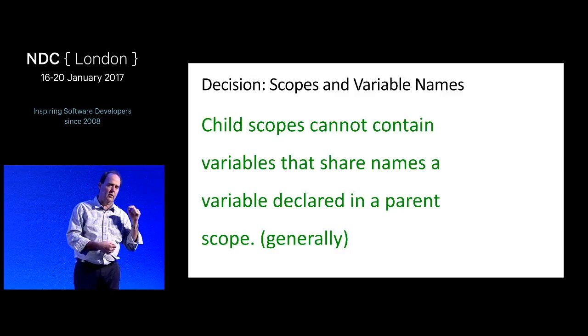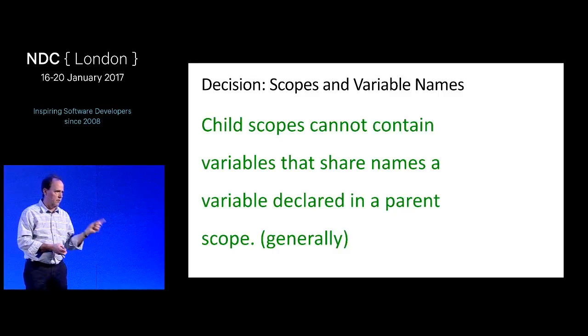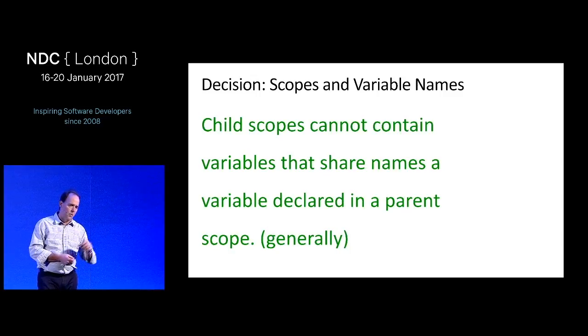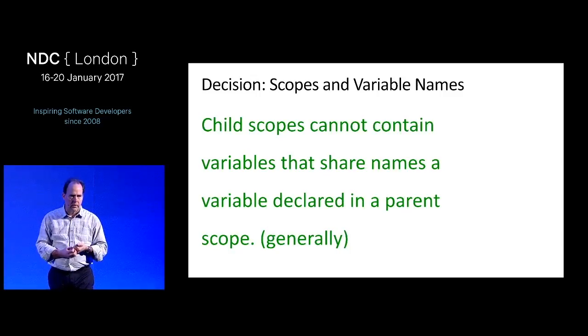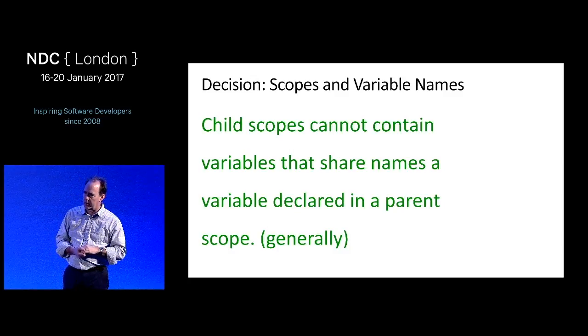In constructors, you can have arguments that match the name of fields or properties. But otherwise, if you have a parent scope, you cannot declare a variable in a child scope with a name that's in a parent scope. Even though the compiler knows, it just knows.